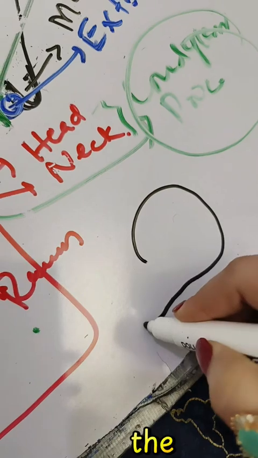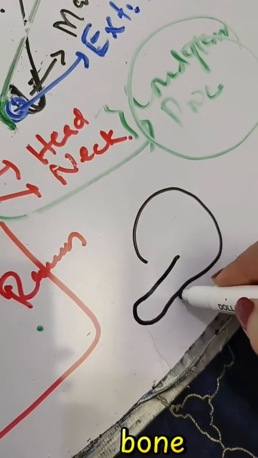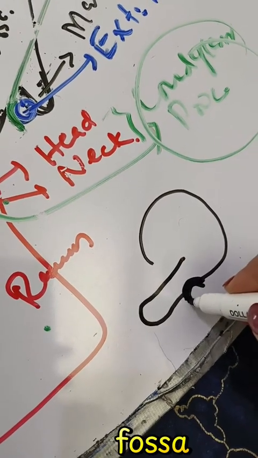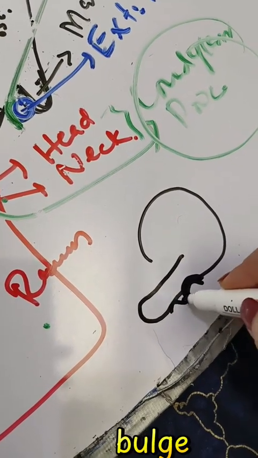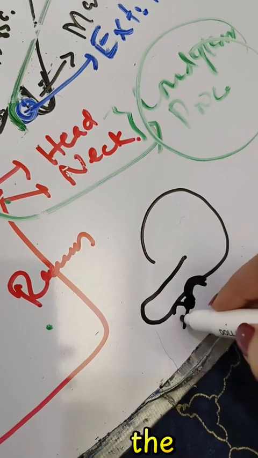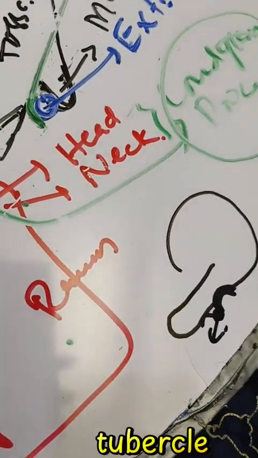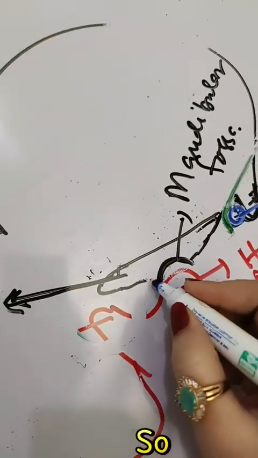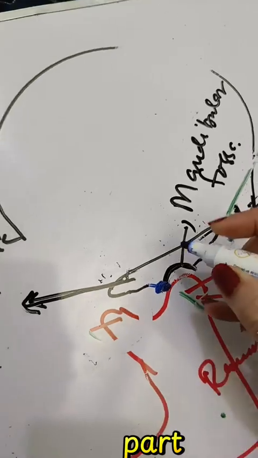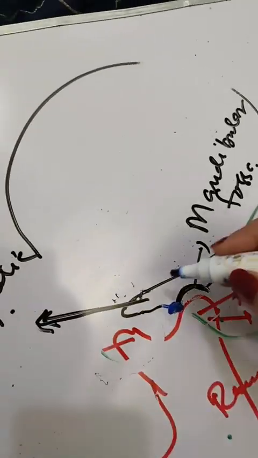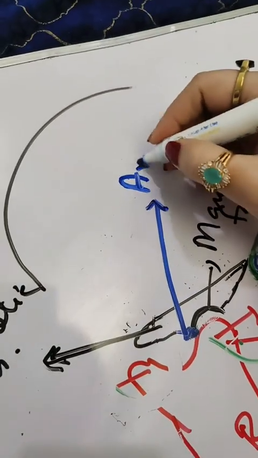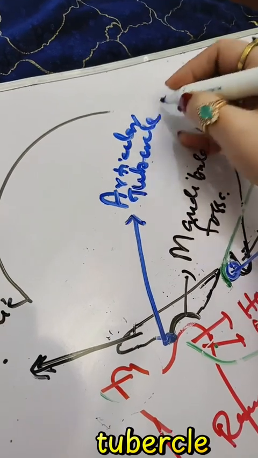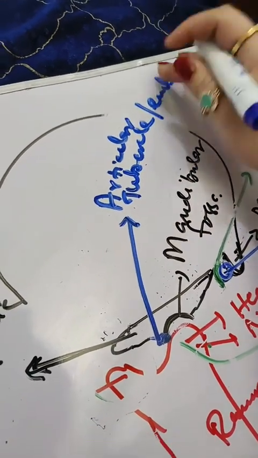Okay, this is the zygomatic process of the temporal bone, and here it is the mandibular fossa, and this is the bulge, and this is known as the tubercle or eminence. So this anterior part is the articular tubercle or eminence.